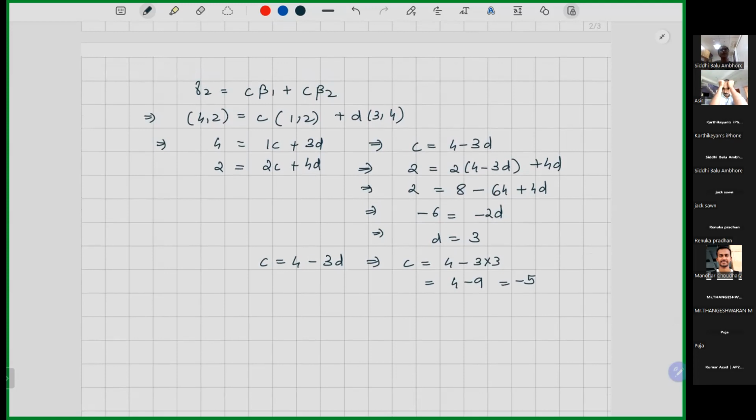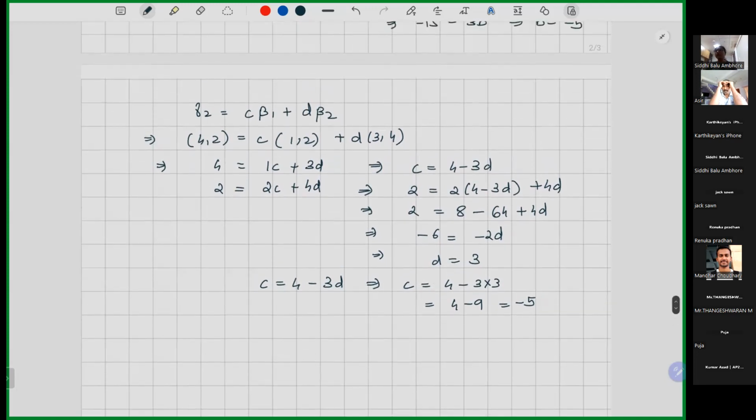We are just writing gamma 2 as C beta 1 plus D beta 2, and we just solved this linear system of equations and we got this. Please understand this and please let me know if you have any doubts, or if understood, please let me know that yes, you have understood this.